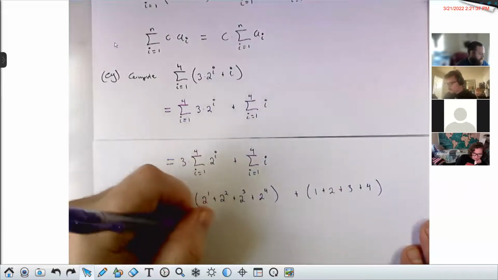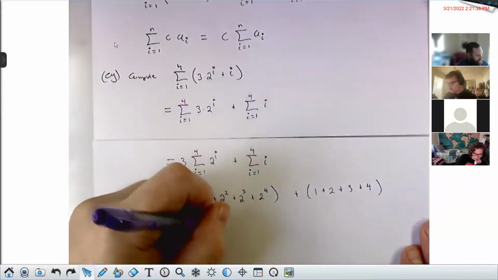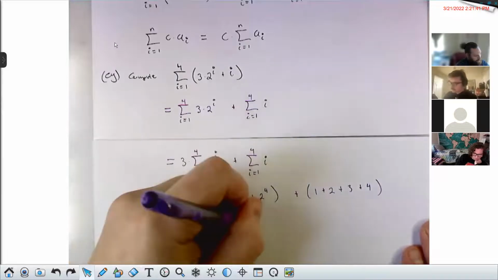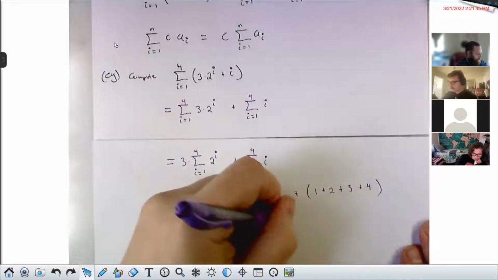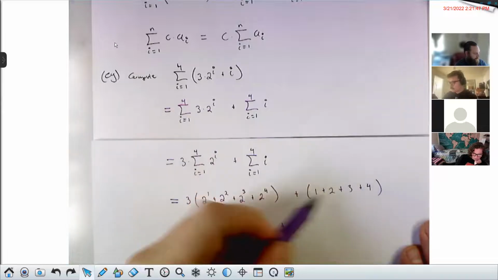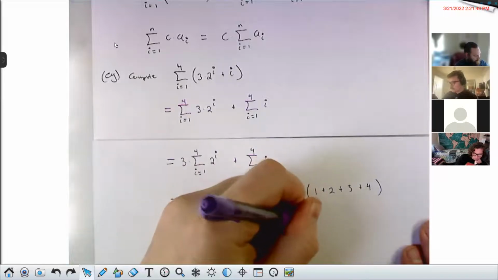So this is going to be 3 times 2 plus 4 plus 8 plus 16 plus what I have here. I'll just write it like this. We'll do those 2 steps at once.